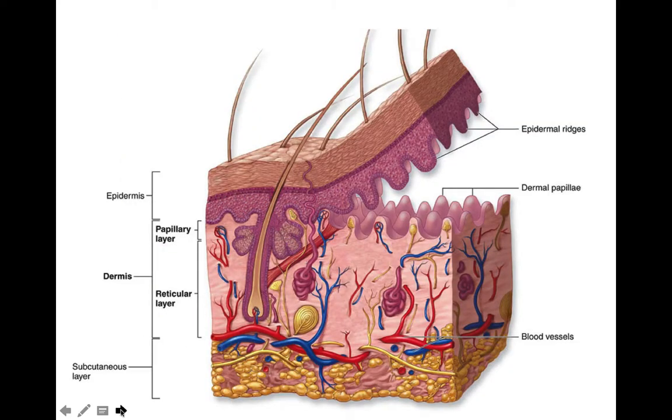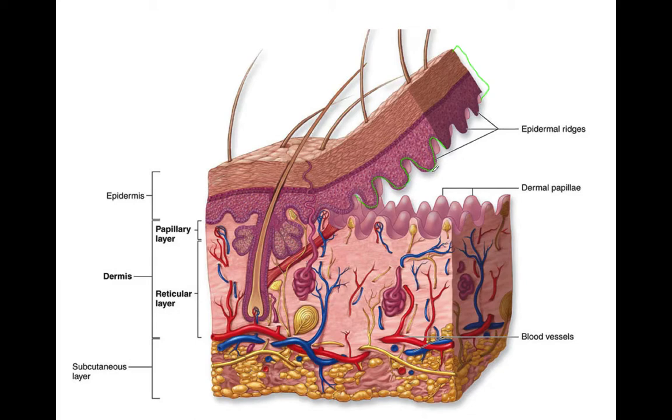The other thing I want to point out too here, there's going to be a term. So here is our epidermis, right? Here is our stratified squamous keratinized epithelium. This is our epidermis, and you see how this bottom layer is going up and down, up and down, up and down.